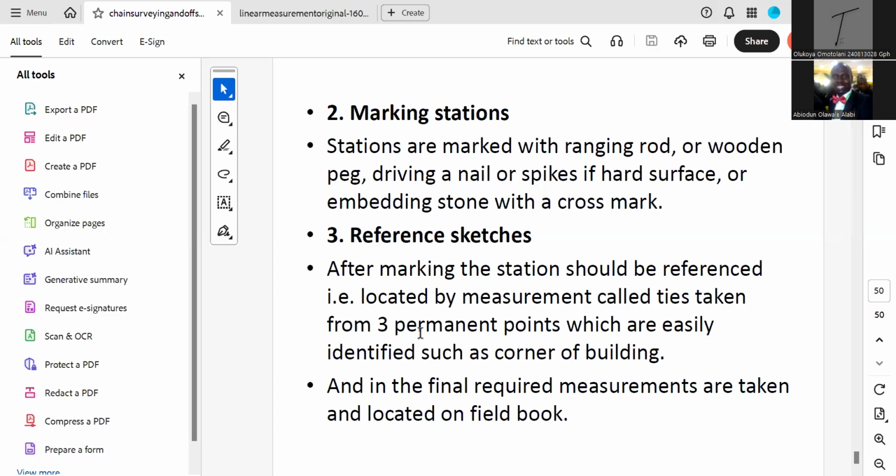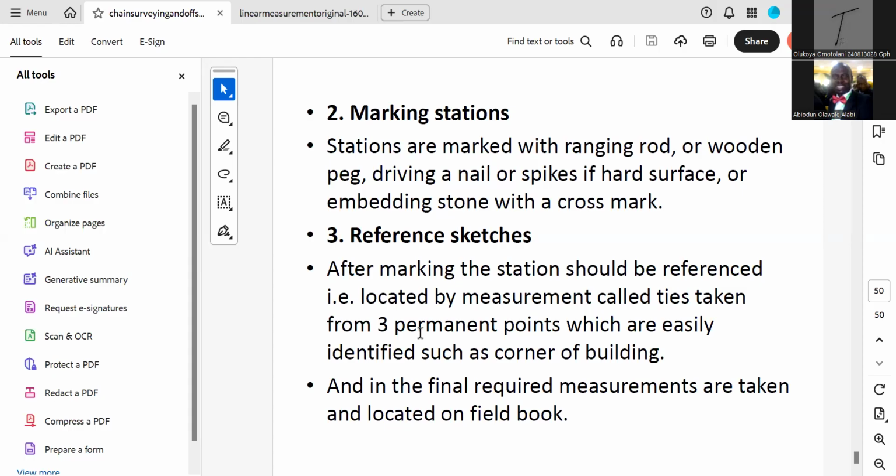After marking, the station should be referenced, that is located by measurements called ties taken from three permanent points, which are easily identified, such as corner of buildings. And the final required measurements are taken and located on the field book.